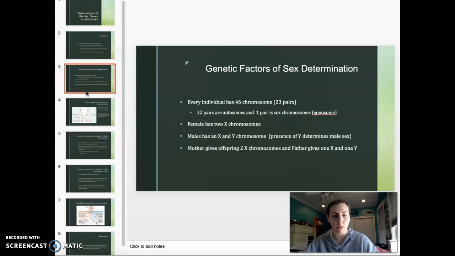The presence of the Y chromosome is the determination of the male sex. The mother gives the offspring an X chromosome and the father gives either an X or a Y. If the individual in early development has an X and a Y chromosome, that Y chromosome is going to determine that they're a male.